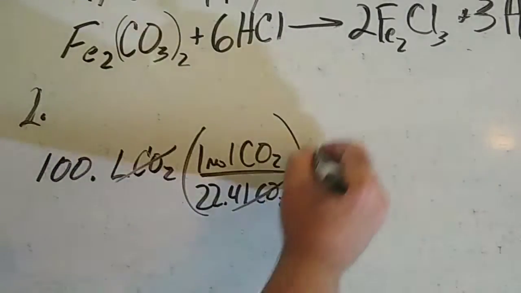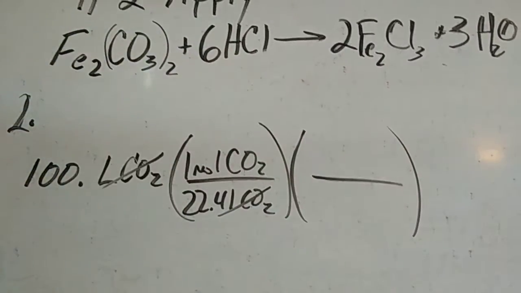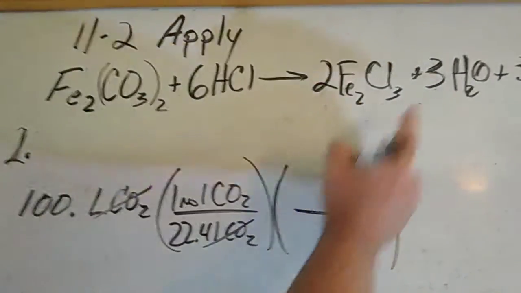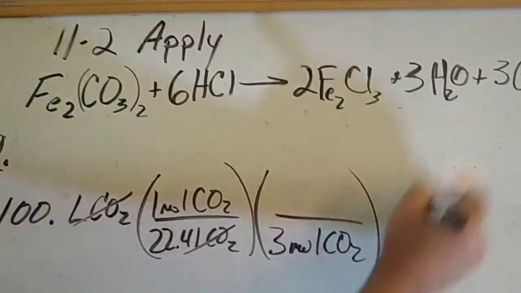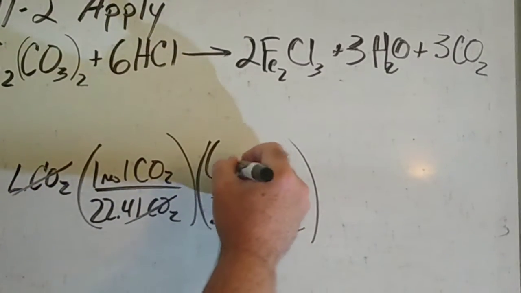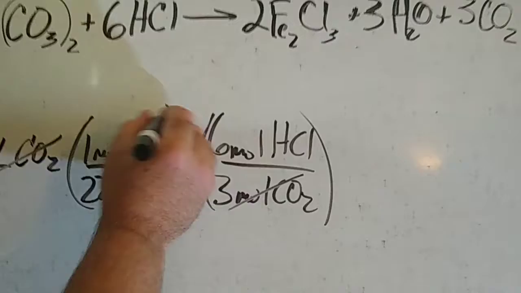So that gets rid of that one. I can now convert my moles of CO2 into moles of hydrochloric acid, or moles of hydrogen chloride. So I know that 3 moles of CO2 from this side of my equation is going to be equivalent to 6 moles of, those cancel out.